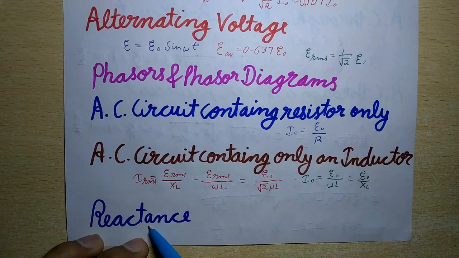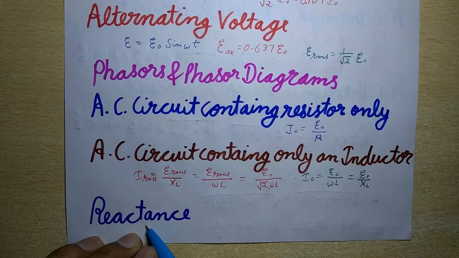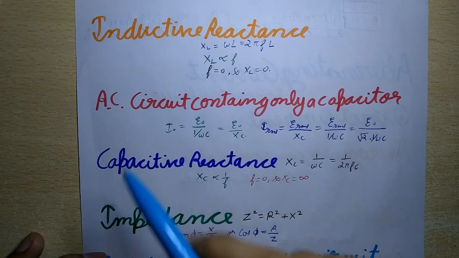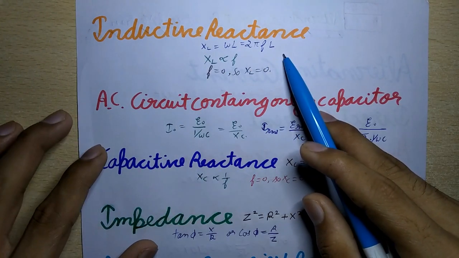Now next is reactance. The non-resistive opposition to the flow of AC is called reactance. It may be inductive reactance XL or capacitive reactance XC. Now next is inductive reactance.